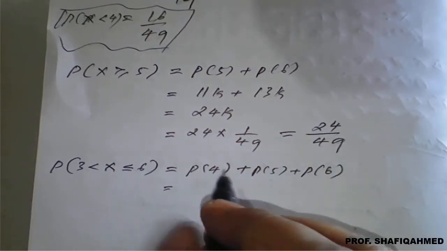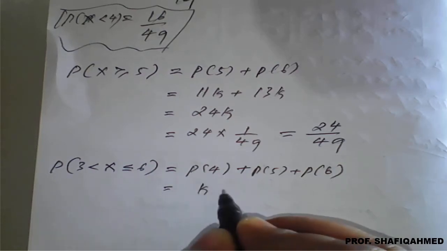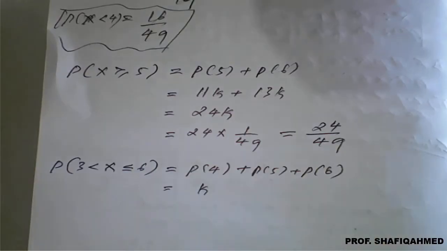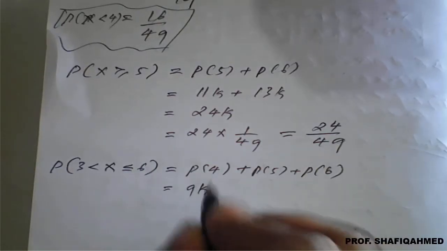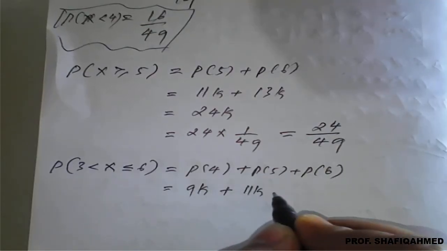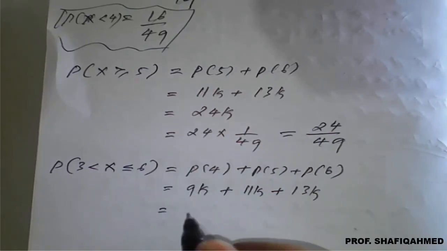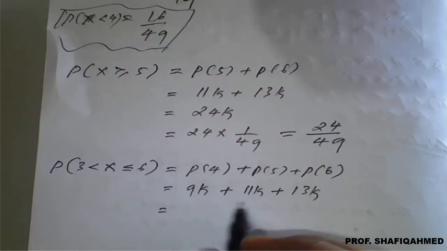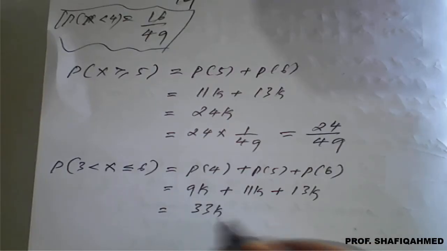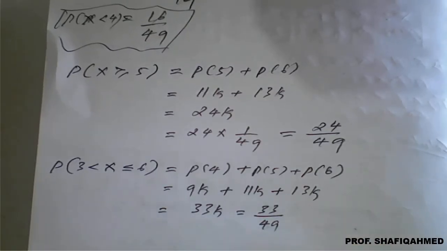So P(4) from the table is 9k, P(5) is 11k, and P(6) is 13k. Therefore the addition of this, 9 plus 11 plus 13, will be 33k, which is nothing but 33/49, because the k value is 1/49.